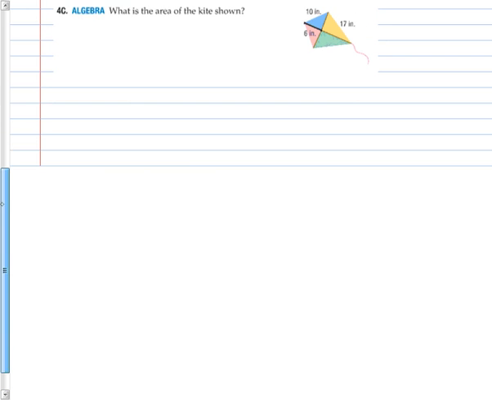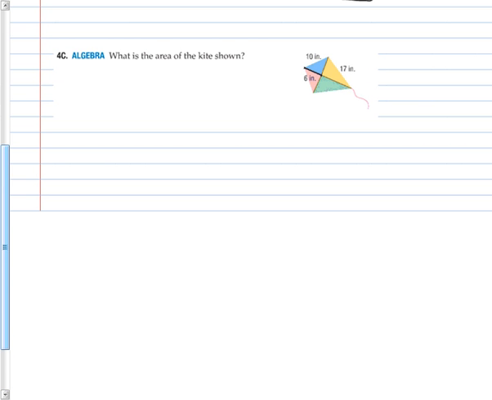Now we have to figure out where the measurements are indicating. This 10 is referring to that right over there. The 6 is referring to this line right here. The 17 is referring to that right over here. So you'll have to be real careful.